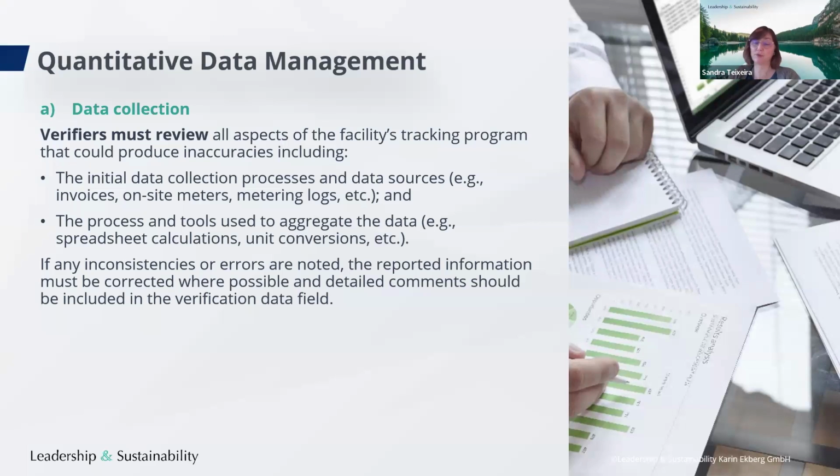So it's really important to pay attention to these details, because afterwards they will seriously impact your environmental performance and your KPIs. So if any inconsistencies or errors are noted in the reported information, they must be corrected whenever possible, and detailed comments should be included in the verification and at the data field.